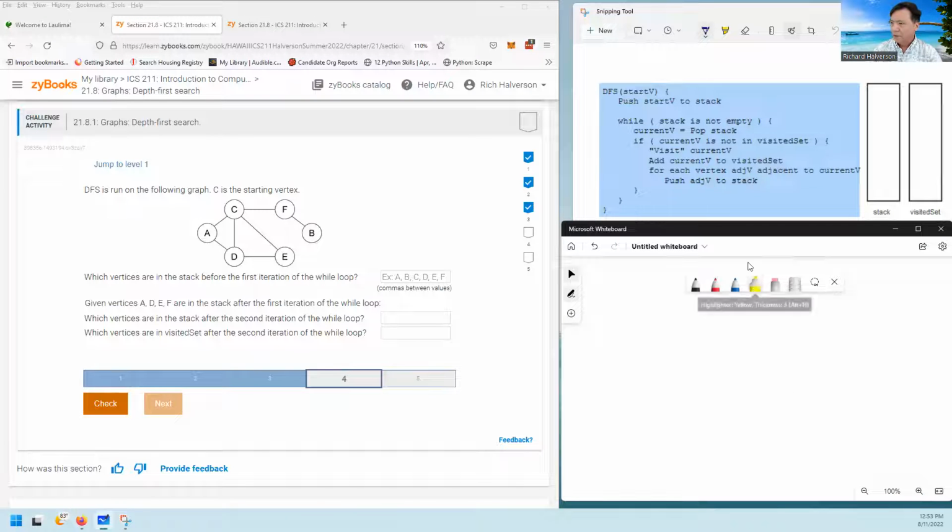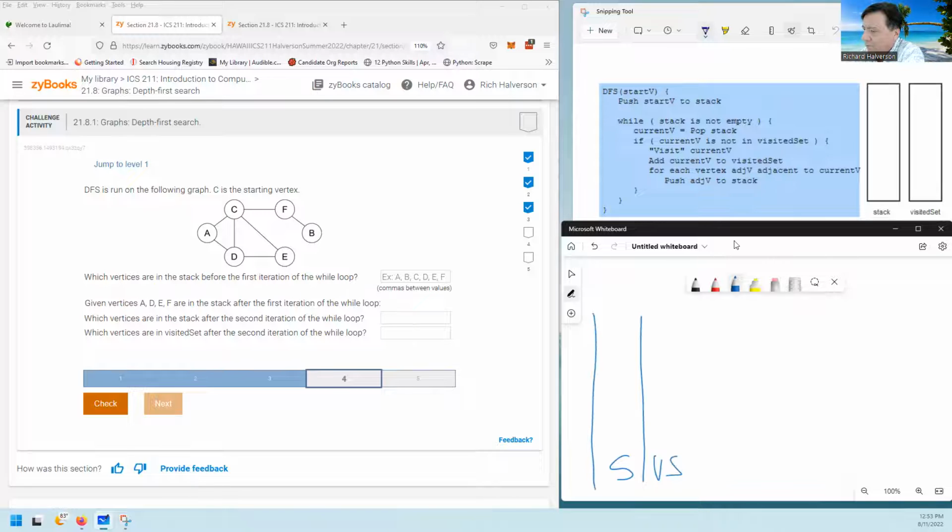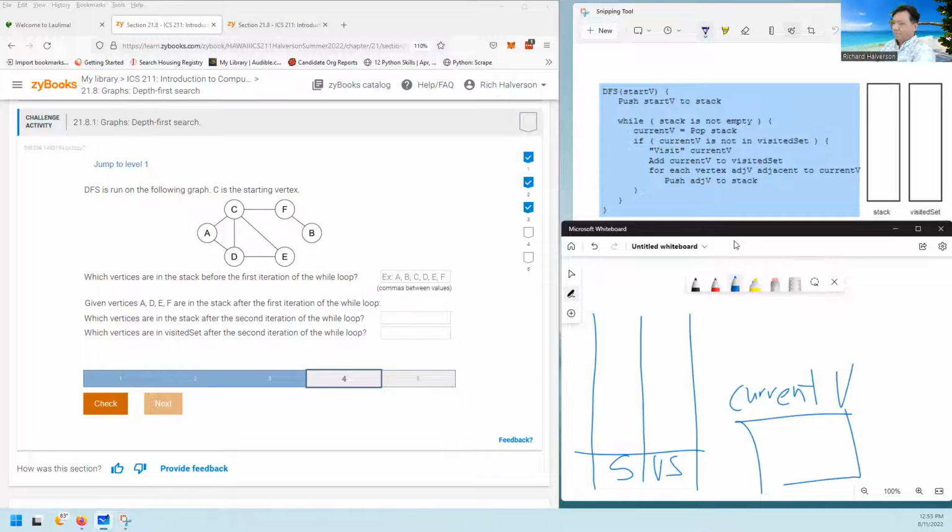I'm going to have a stack, and I'm going to have a visited set, VS. So this is a stack, and this is a visited set. And then I'm going to have a current V.